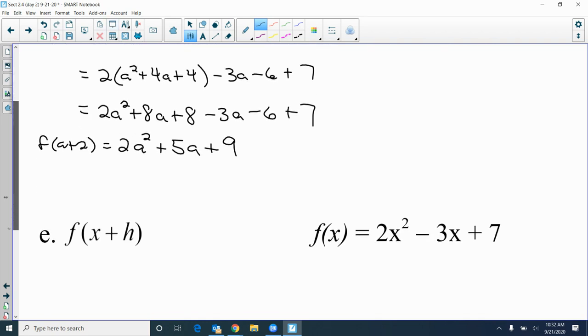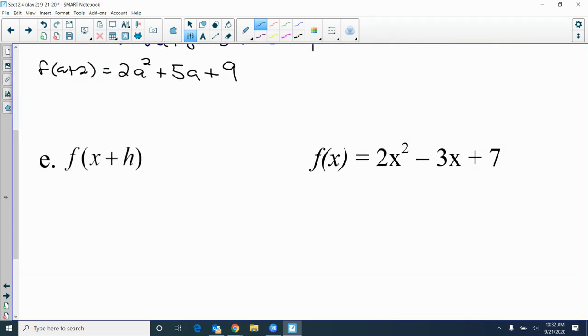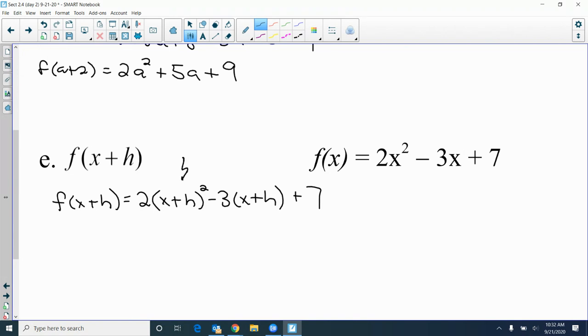All right, and the last one we're going to do here, f of x plus h. So you get 2 times (x plus h) quantity squared minus 3 times (x plus h) plus 7. For the (x plus h) squared, you got to FOIL.